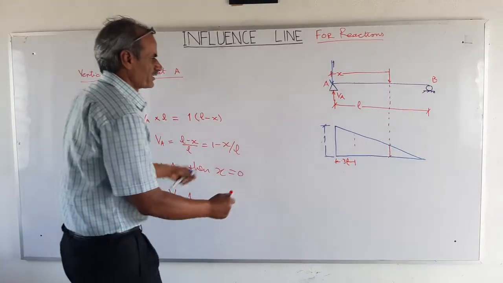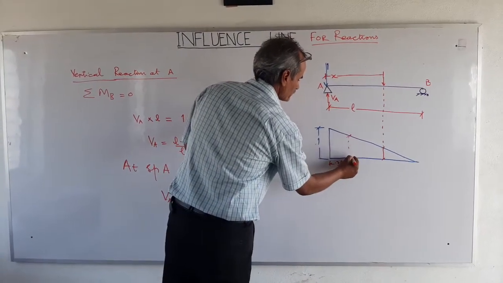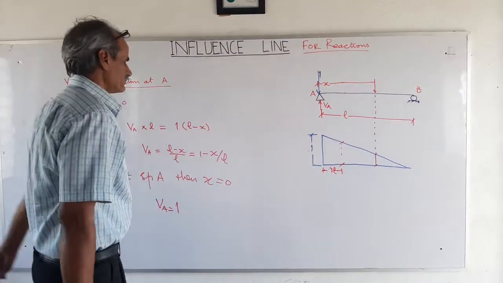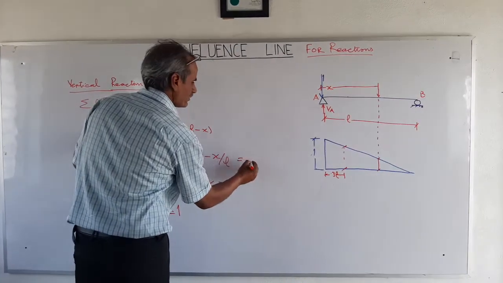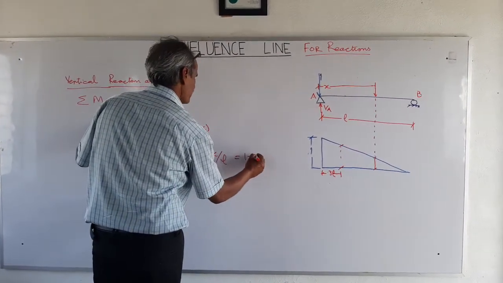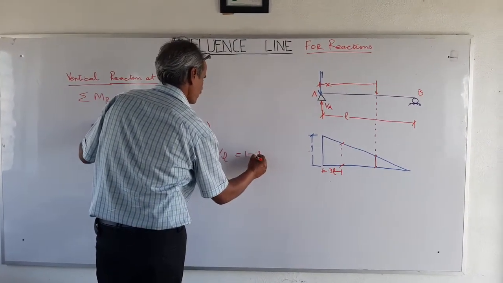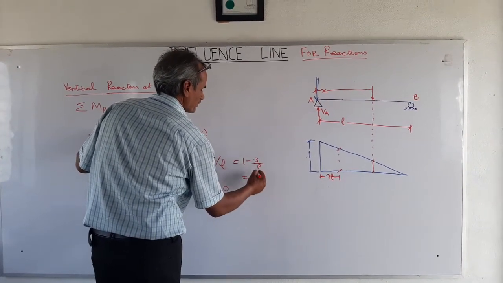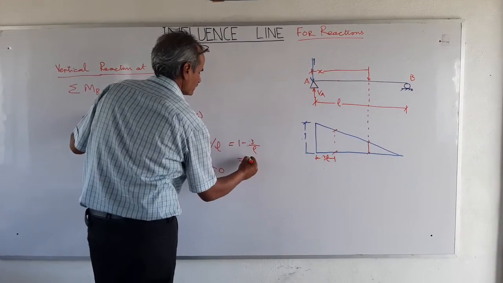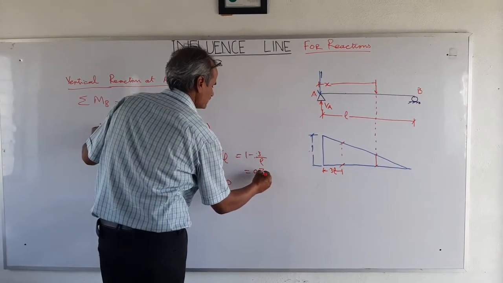And we want to find out this value, then X is equal to over here 0.3L, it is 1 minus 0.3L over L is equal to 0.7.